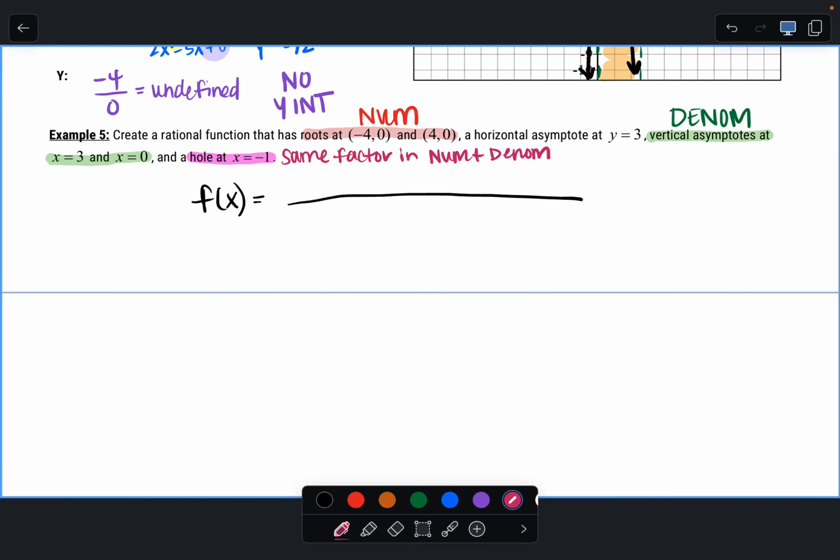So looking at the numerators, if I got x equals -4, what factor did that come from? X plus 4. If I got x equals +4, what factor did that come from? X minus 4. So our roots have to go in the numerator, so I need to put x plus 4, x minus 4 in the numerator.